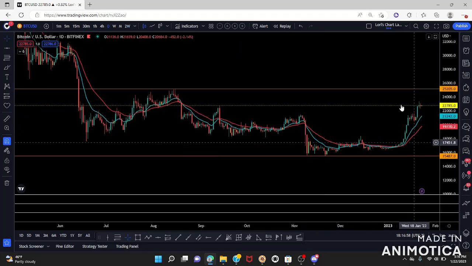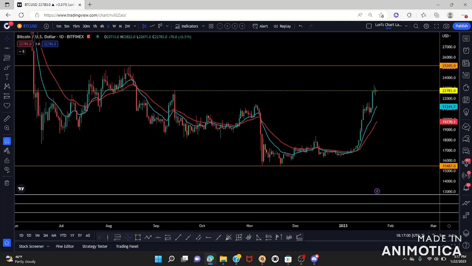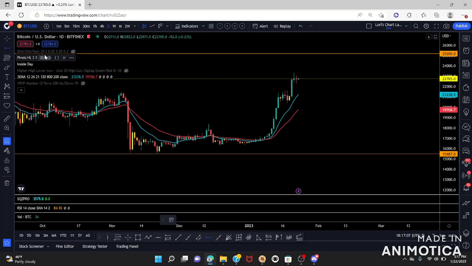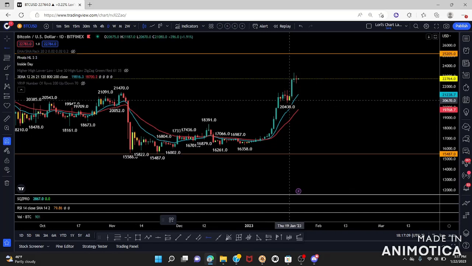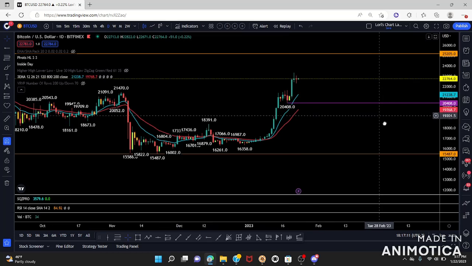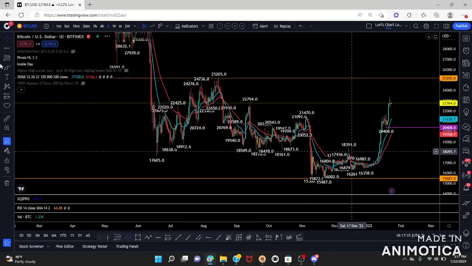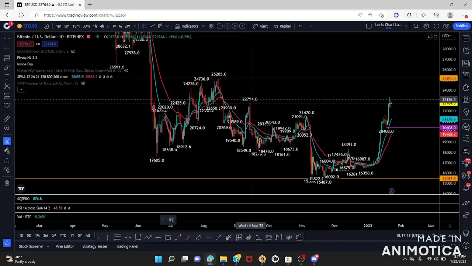Within your daily, you want to find your daily range, your high and your low. Again, if you have a hard time finding that, turn on your pivot highs and lows. So this is our low, our higher low for the day, and our high here.